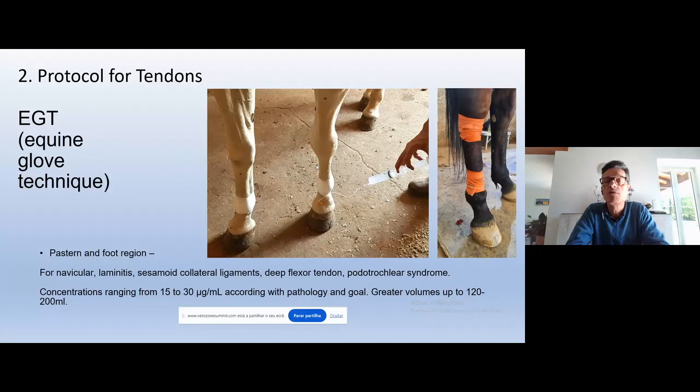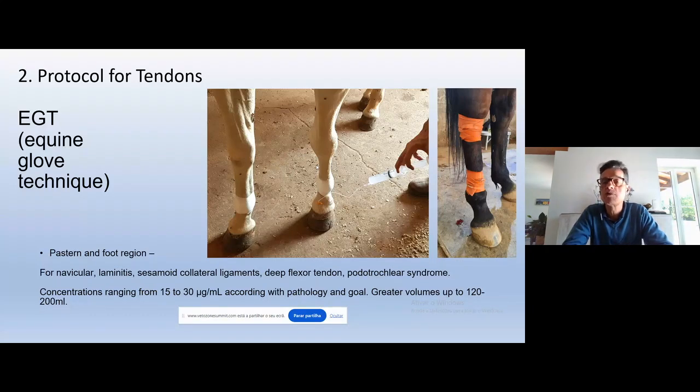By bandaging the fetlock with a bandage or an elastic band, we will allow higher volume concentration in the pastern, and I suppose, though there are no studies, I think so, that it will allow some permeability to the lamina and to the hoof. I use this equine glove technique for laminitis a lot, or for any podotrochlear syndrome.